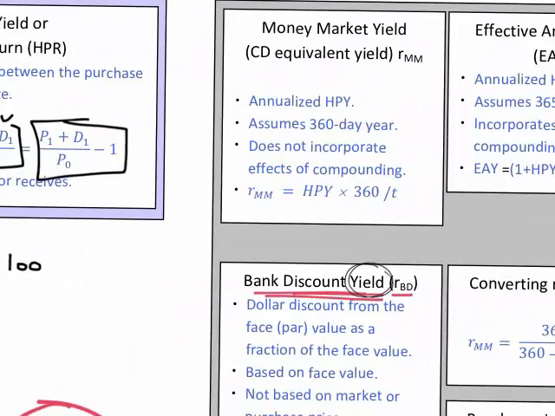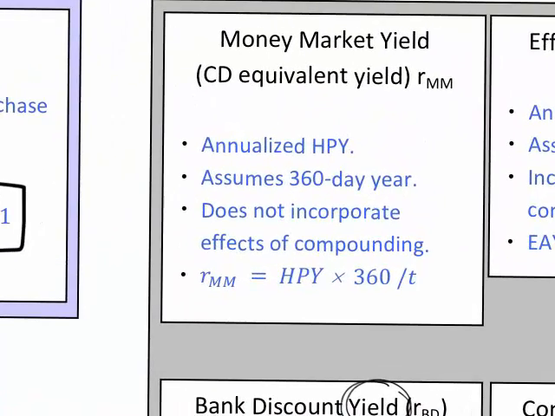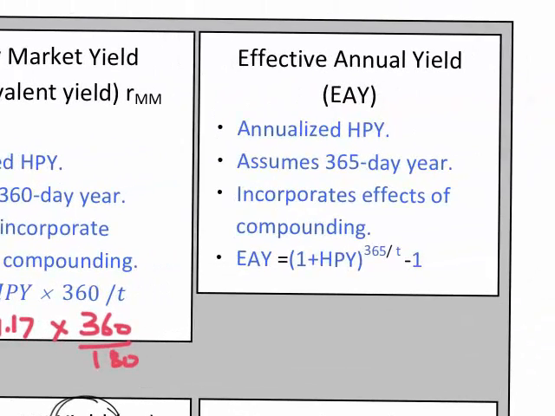One is the simple one, which is called money market yield. What you do, you take the holding period yield 4.17%, multiply it with 360 divided by 180. But this is still wrong. Why? Because we are not considering the compounding effect. So the correct one is this. The best one.